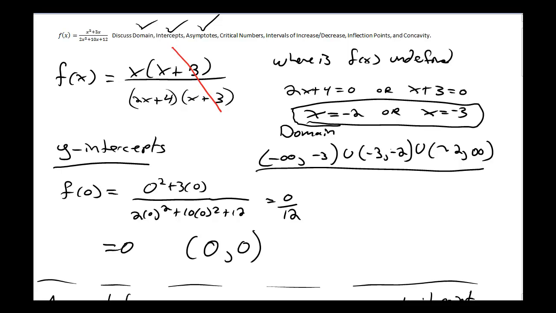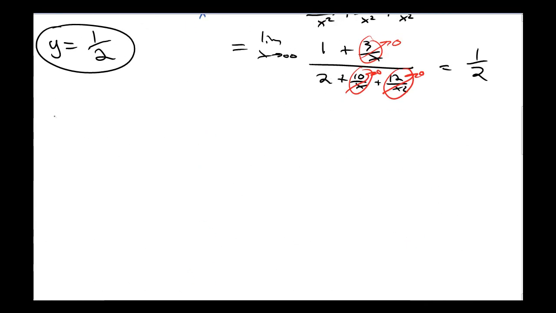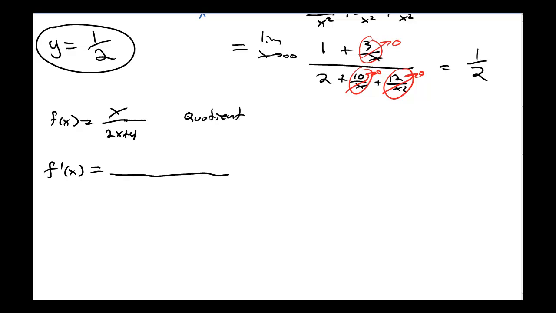I'm going to take my simplified form of the function, f of x equals x over 2x plus 4, and I'm going to find the derivative, because critical numbers come out of the first derivative. To find the first derivative, I'm going to have to use the quotient rule. As I'm using it, I'm just going to take this a piece at a time.